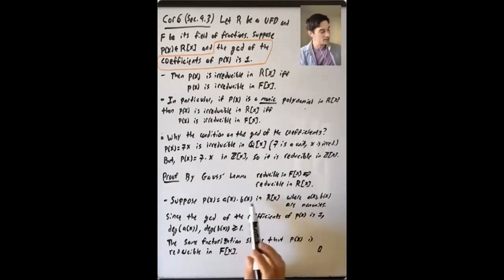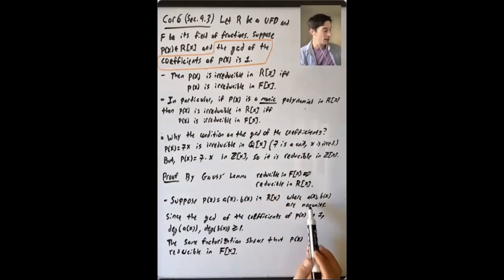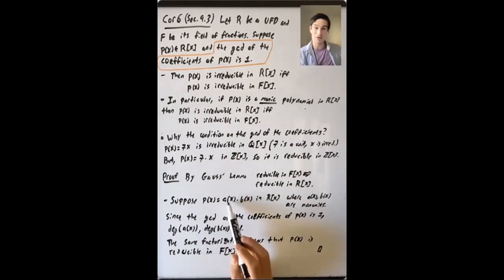So since the GCD of the coefficients of P of X is 1, the degree of A of X and the degree of B of X have to be at least 1. Why is that? Because if A of X had degree 0, it's not a unit. So that would mean there's some irreducible factor in this degree 0 polynomial, and all of the coefficients of P of X would be divisible by that irreducible factor.